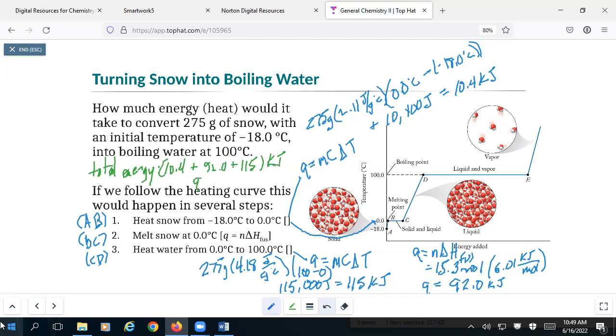We would get Q in total, 10.4 plus 92.0 plus 115 would be 217 kilojoules.